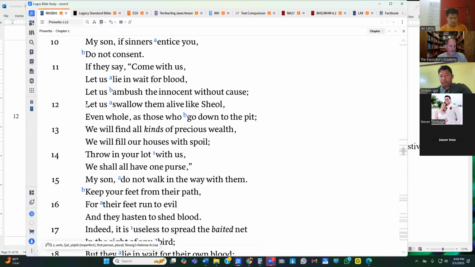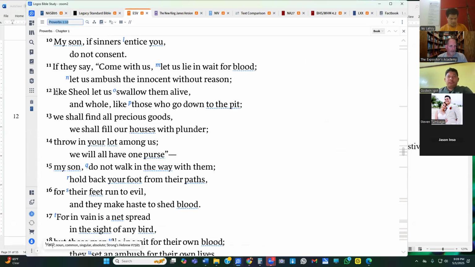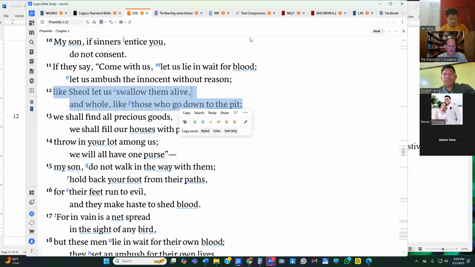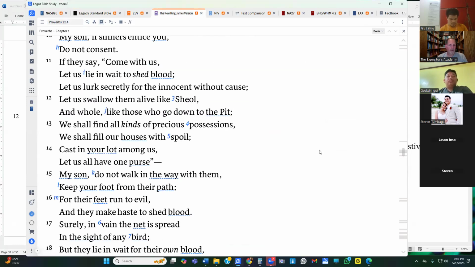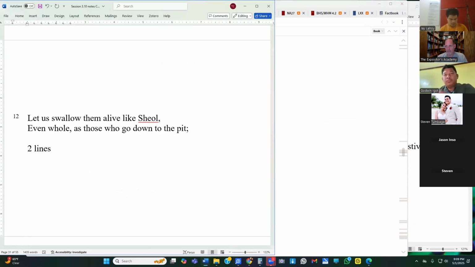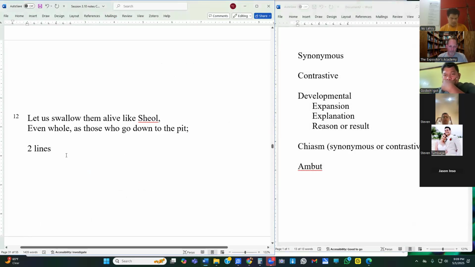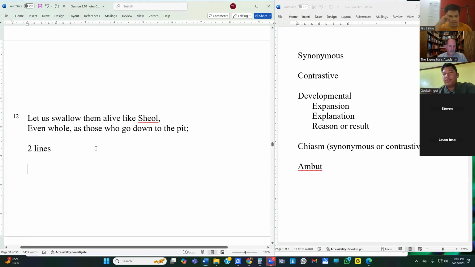New American Standard, 2 lines. ESV, 2 lines. And New King James, 2 lines. All right, 2 lines it is. Now then, what kind of parallelism do we have here, you think? Let us swallow them alive.